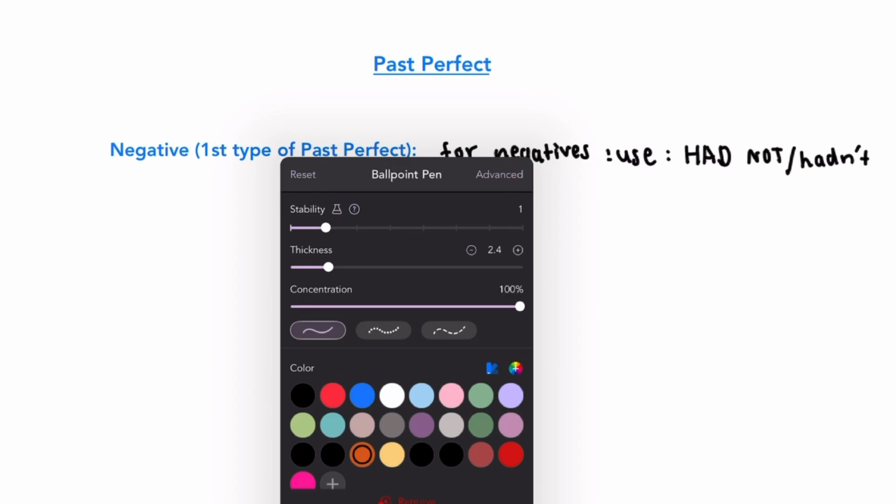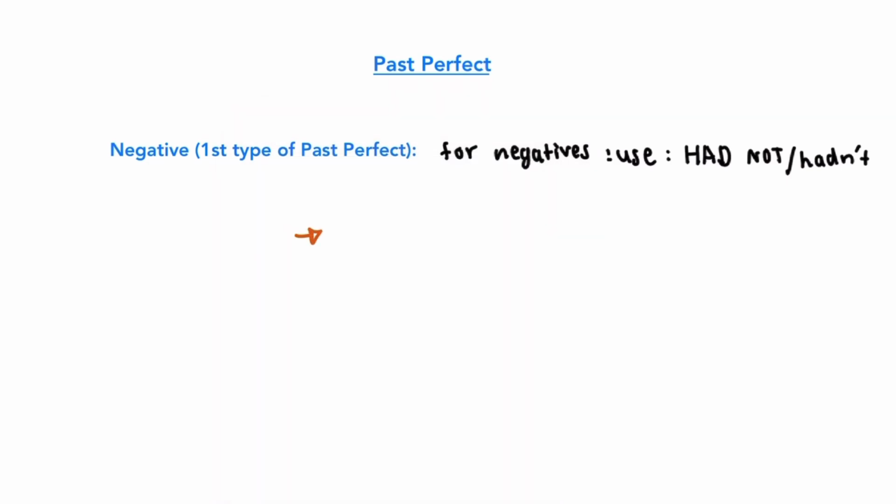So an example I'll go through is, I had not eaten breakfast before school, okay? Keyword, had not. I had not eaten breakfast before school, okay?